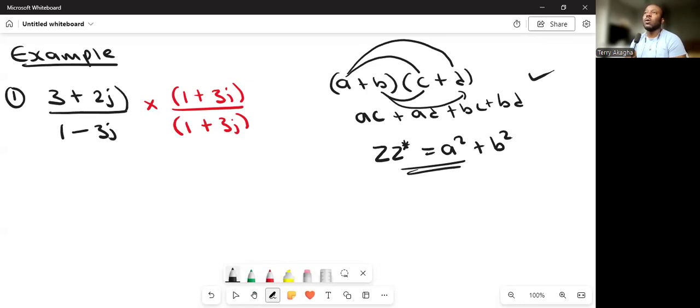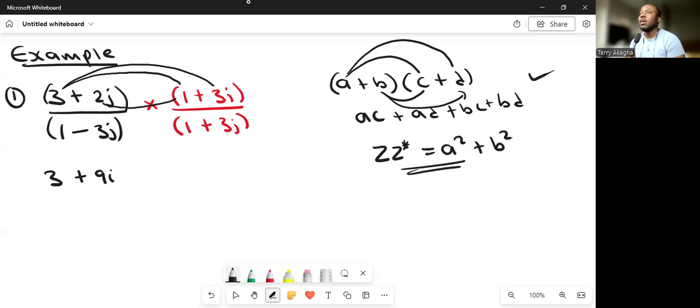So let's go. So we're going to open the brackets now. So it's going to become 3 times 1. It's going to give us 3. 3 times 3j is going to give us 9j. Okay. We now have 2j times 1 is going to give us what? 2j.